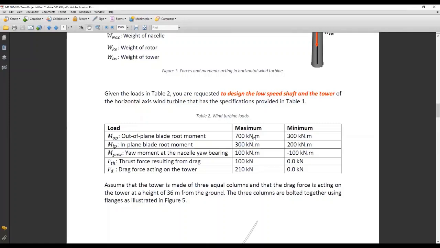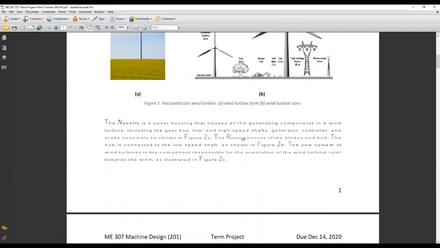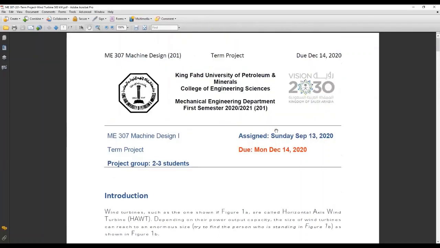Maybe I can make a forum within Blackboard so you can post there if you want to form a group. You get my point? Hopefully you will team up as 2 to 3 students per team. Okay? I hope this is clear. I'm going to reproduce this slide. I don't know why the font is like this. I'm going to fix it.